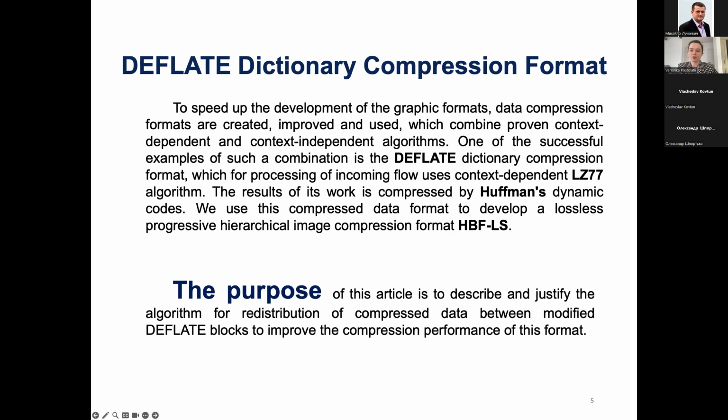To speed up the development of the graphic formats, data compression formats are created, improved, and used, which combine proven context-independent and context-dependent algorithms. One of the successful examples of such combination is the deflate dictionary compression format, which for processing of incoming flow uses the context-dependent LZ77 algorithm, and the result of its work is compressed by Huffman's dynamic codes.